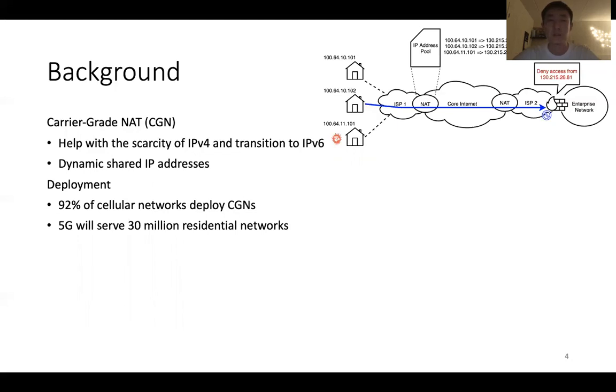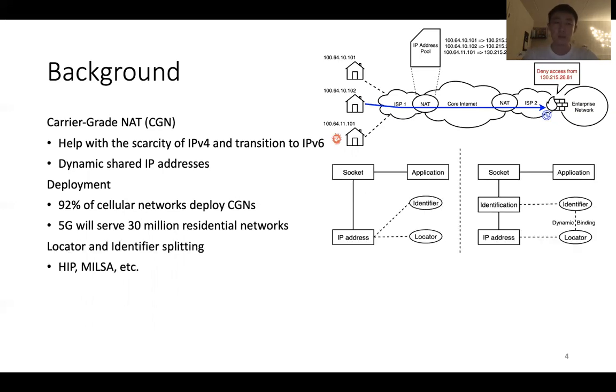So from the organization network's perspective, the public IP address it observes from the client is usually shared by a lot of other people, so they cannot recognize a remote user from the IP address alone. CGN has been deployed in 92% of cellular networks, and with the growing development of 5G networks, there will be 30 million residential networks affected by this technology.